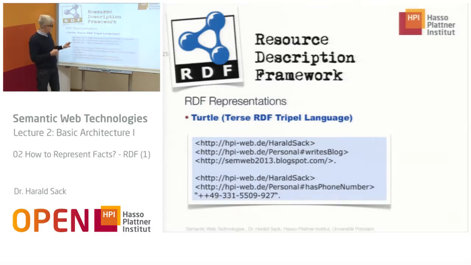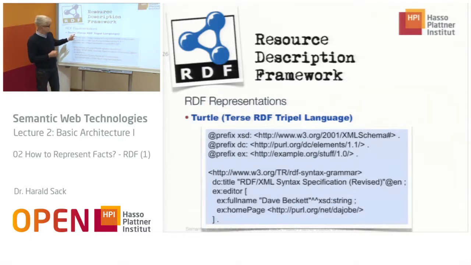So for prefixes in URIs that you use rather often, you have some ways to define a certain prefix. So for example, for the XML schema, you define here a prefix in Turtle XSD, and this denotes the prefix of the URI that you see here. Or you define the prefix DC, and this is the prefix for the Dublin Core namespace.